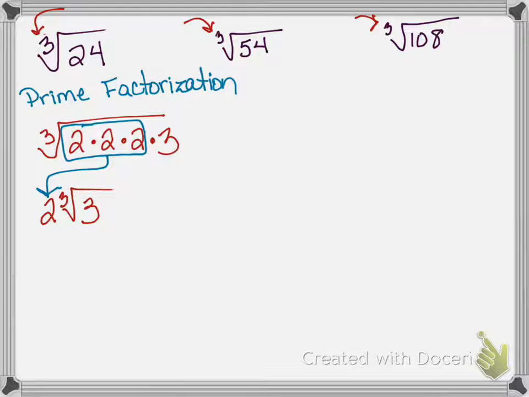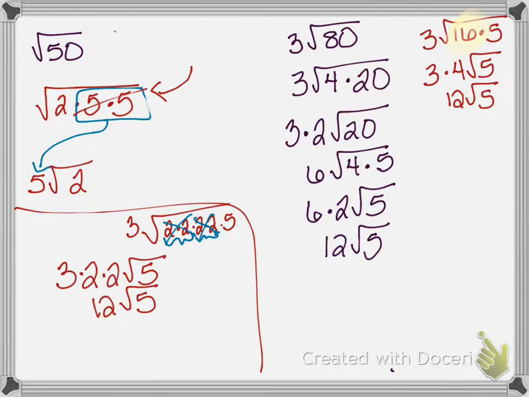Now, the second way that I can do this is finding perfect cube factors. That is harder than finding perfect square factors. Okay? Perfect cube factors. That's our second method. Now here, for the square root of 50, I could find the square root of 25 times 2. 25 is a perfect square factor.